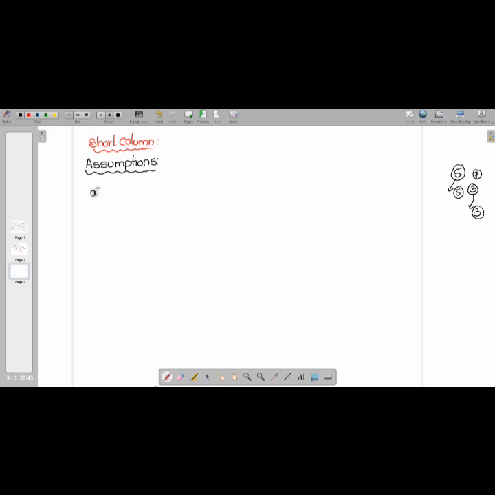So here the first assumption, this can be an objective question in HPSC or any JE or AE exam. The question is: the maximum compressive strain in concrete subjected to axial load.